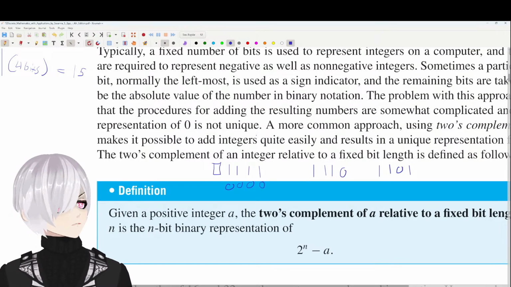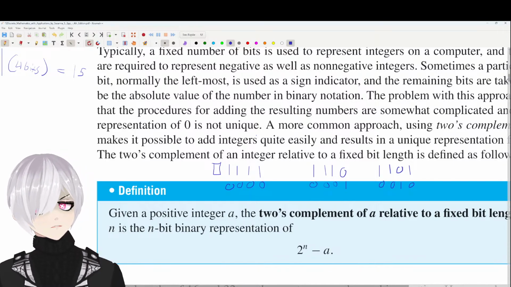But zero is neither positive nor negative, or it's both. So zero wouldn't have a unique representation because you could have plus zero or minus zero. But if you shift everything to the right, then zero would just be represented as two to the n, so it would have a unique representation.